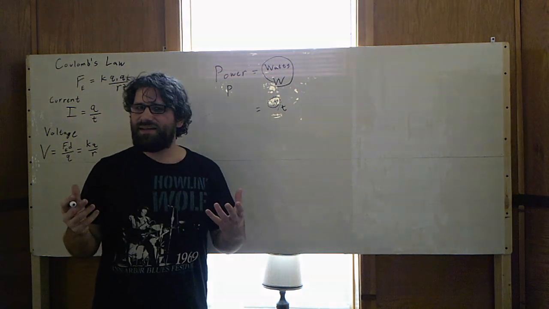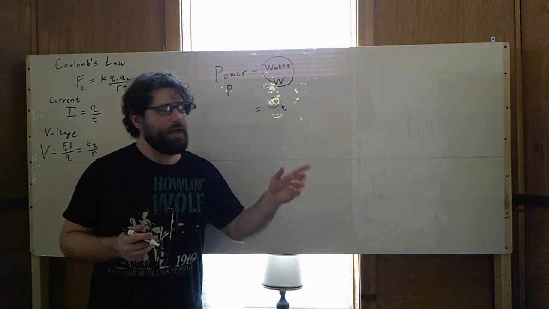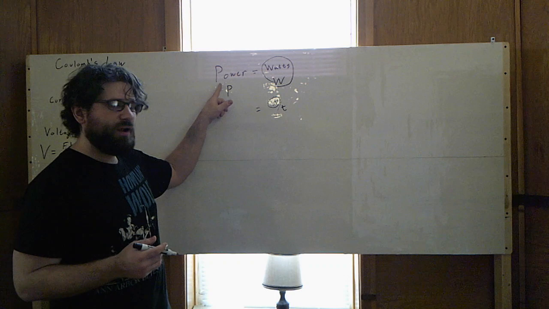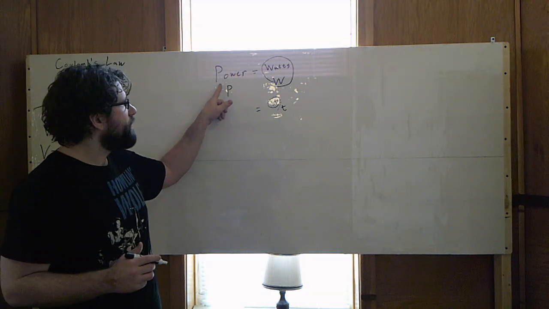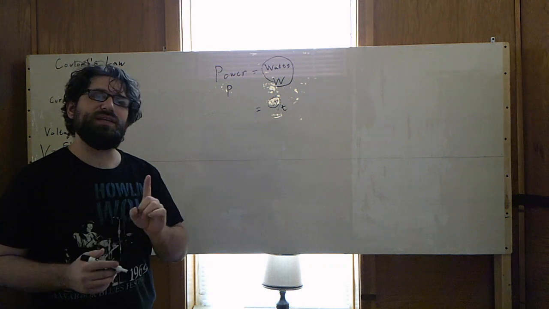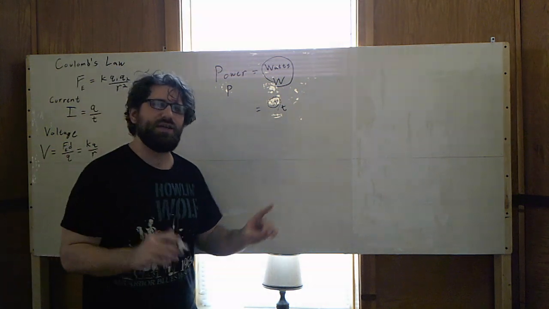In fact, there may be times when figuring out the exact amount of energy is useful, but more often, figuring out the right amount of power is going to be a lot more beneficial for us. And that's nice because that's going to be really easy to convert between mechanical power and electrical power. We're going to see that in just a moment.